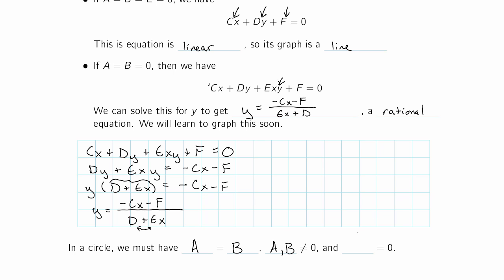And then to be a circle, we have to have e be 0, so there's no xy term. Our circles are going to end up looking like ax squared plus ay squared, same coefficient, plus cx plus dy plus f equals 0. And that will be standard form.